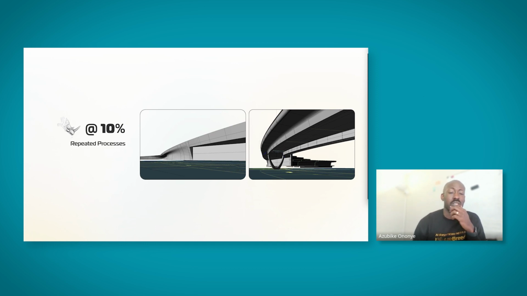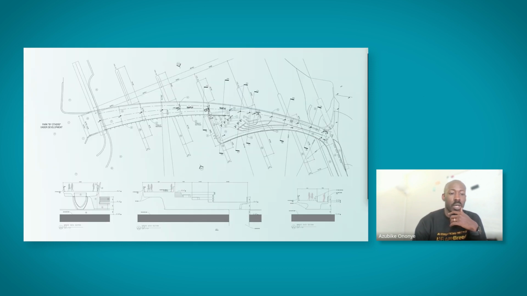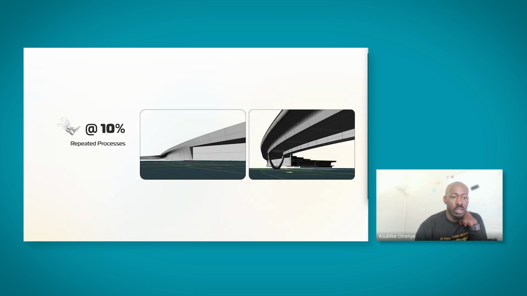The problem with this is I found that I was repeating a whole lot of processes. And you can imagine, if we go back to this image, you're going to be dealing with a lot of offsets or fillets along different aspects of this geometry. And so there was a whole lot of process repetition.